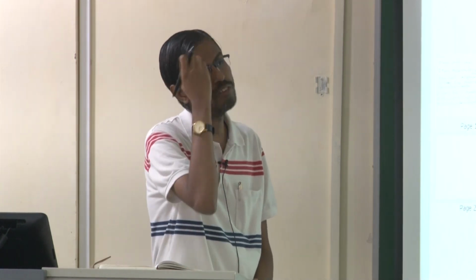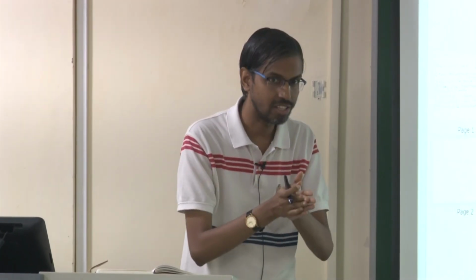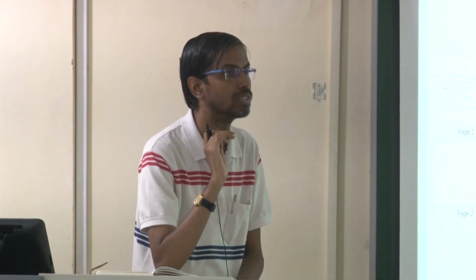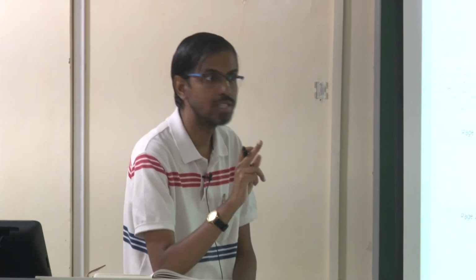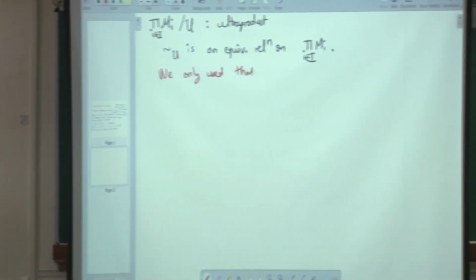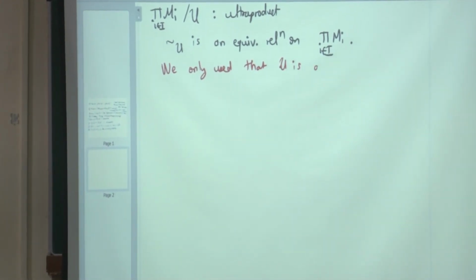Every time, whatever we used was that it should be closed under intersections, finite meets, and it should be closed under upper bounds. We only used that U is a filter.